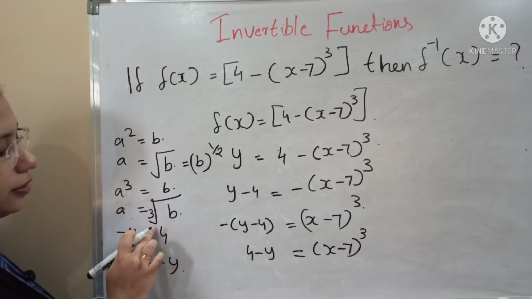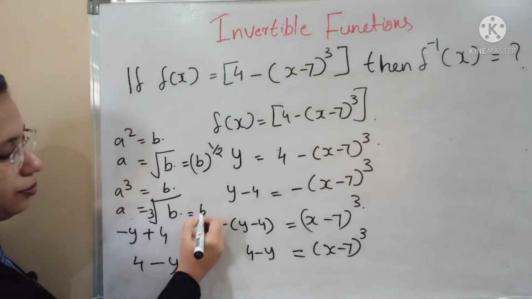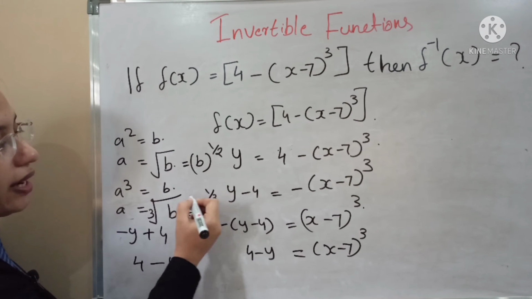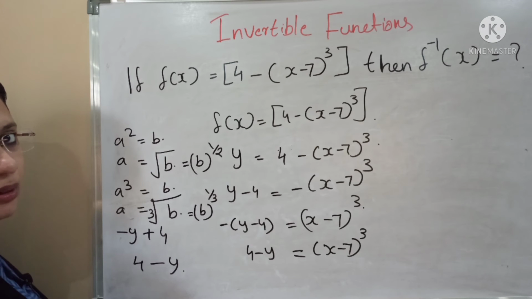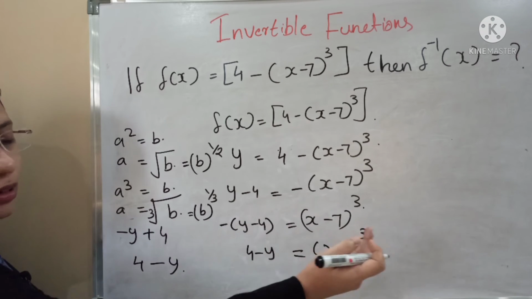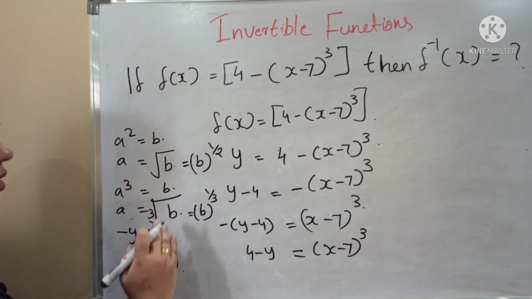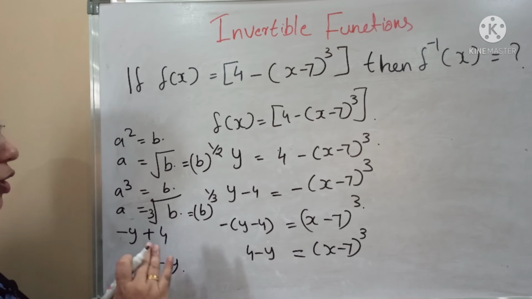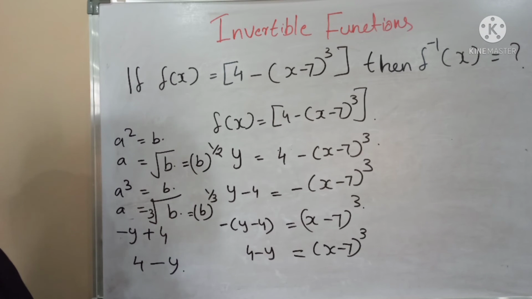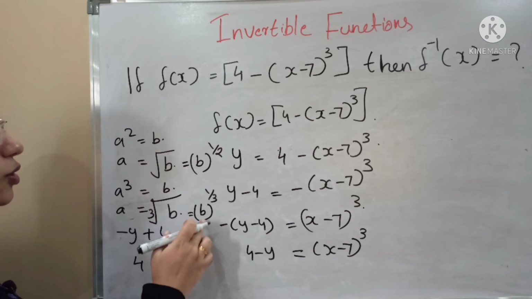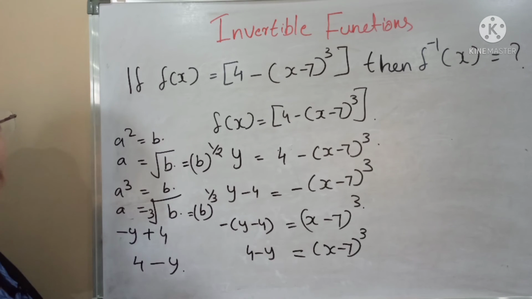And here instead of this I can write b to the power 1 by 3. Clear? You can note down in the side of the notebook, so that it will be there in your mind. So b to the power 1 by 3 is similar to cube root of b. Okay.